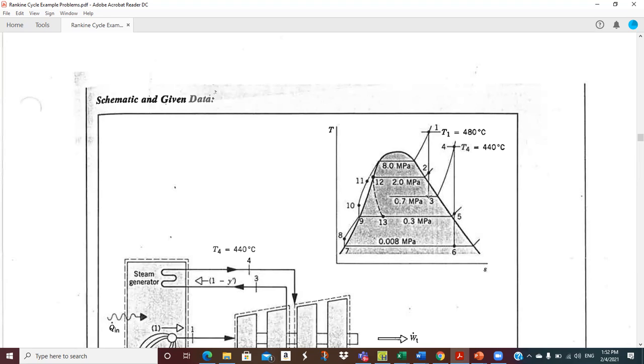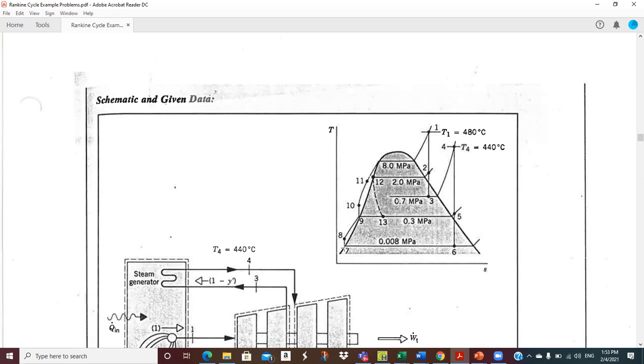Then we come on down to 3, then we go back to reheat. And we've got our pressures on here, 8 megapascals down to 2, down to 0.7. Reheat to 440, we're 480 on the main steam. And then we expand, that's the second extraction, and then on down inside the dome.